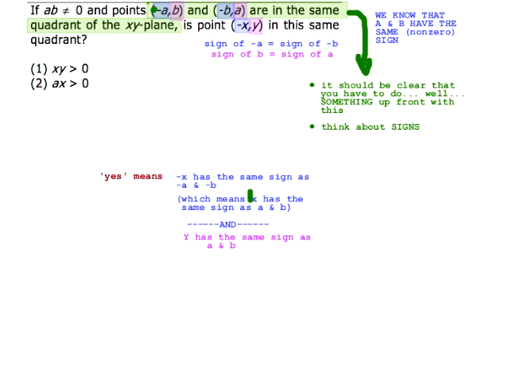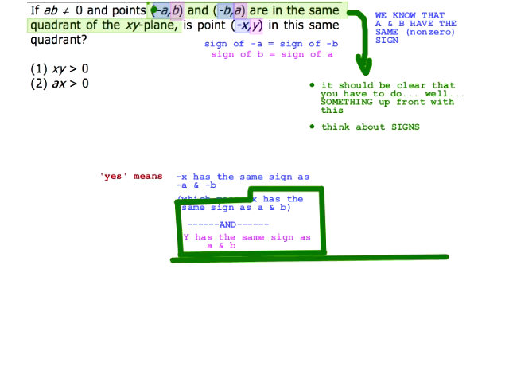So, okay. X is the same sign as A and B, and also Y is the same sign as A and B. This whole behemoth here is the yes case. So we can make our gigantic device here. Statement 1, statement 2, and then if necessary, we combine the statements.